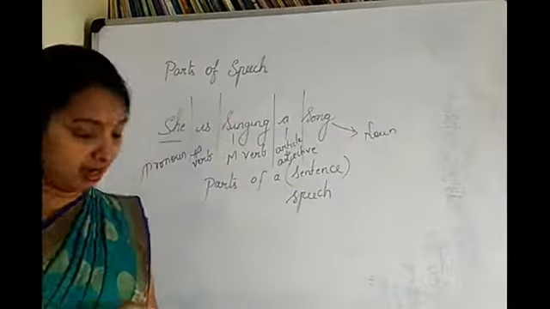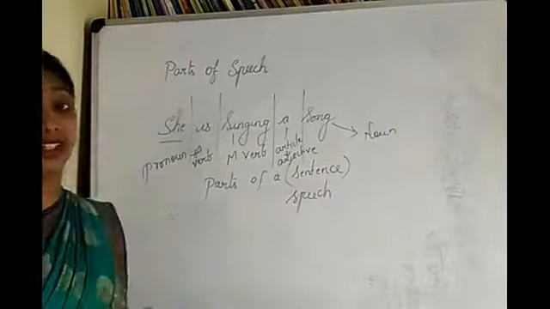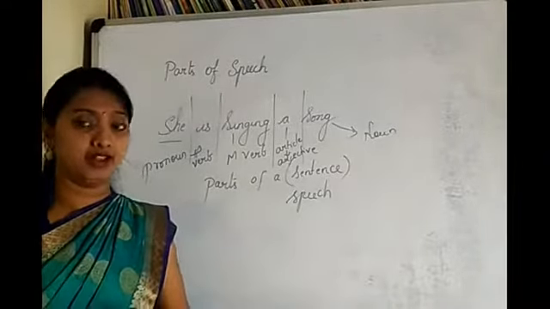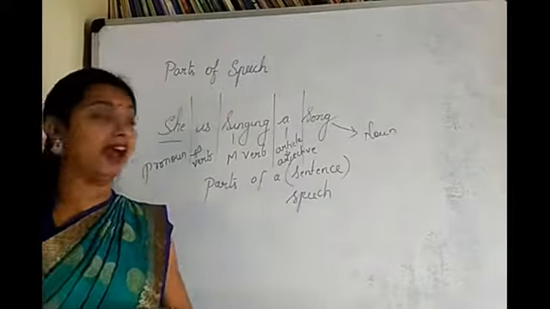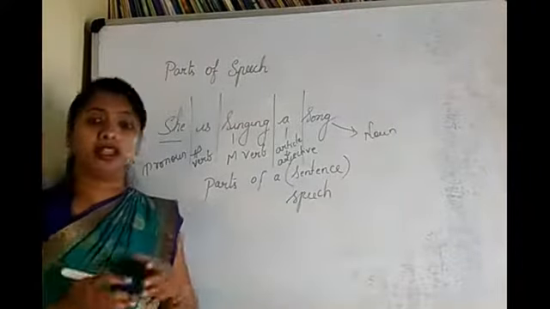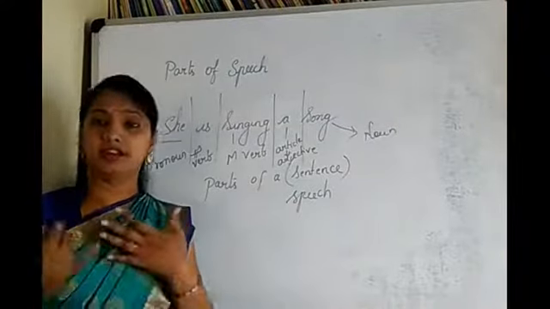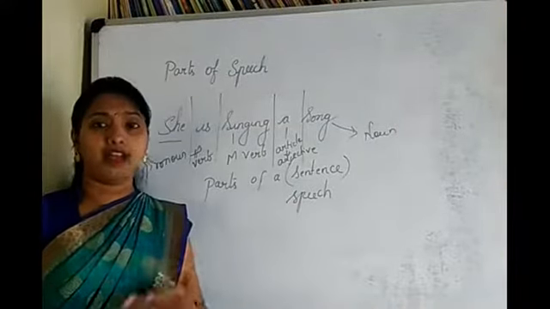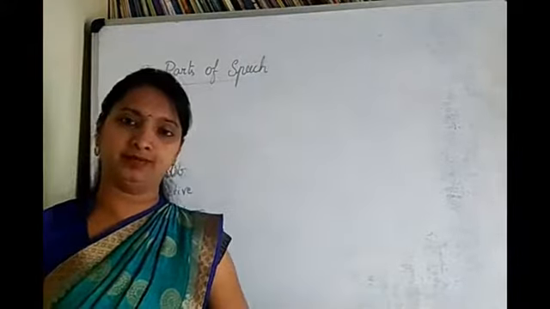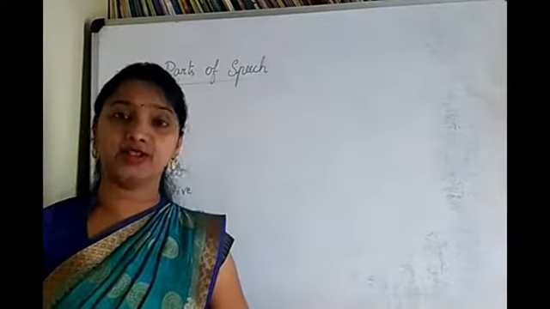Like this, every part of a sentence will have a different form, function and meaning. Depending on the form, function and meaning, they are named. Parts of speech means these are the parts of a sentence with different meanings, forms and functions. How many kinds of parts of speech are there? There are 8 kinds of parts of speech.